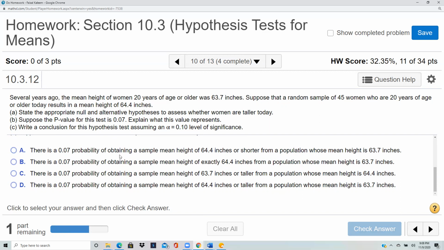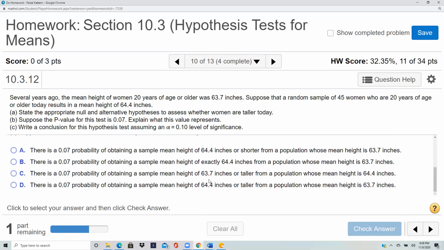The population mean is 63.7, not 64.4. The sample is the 64.4.